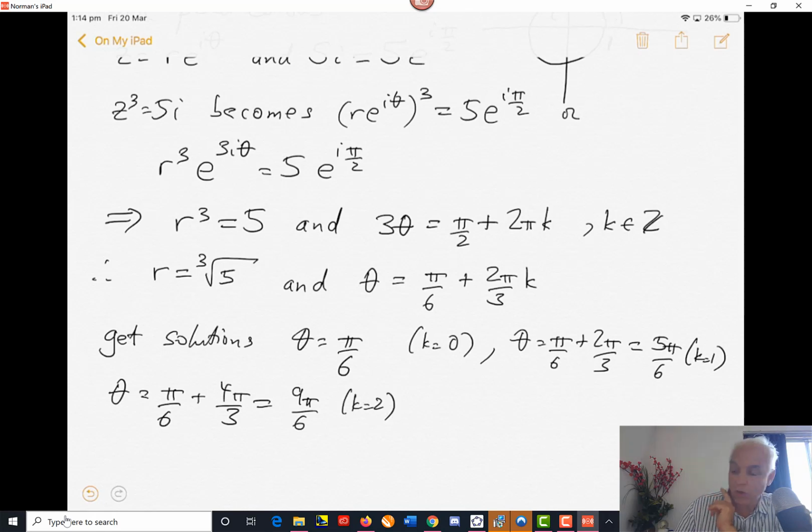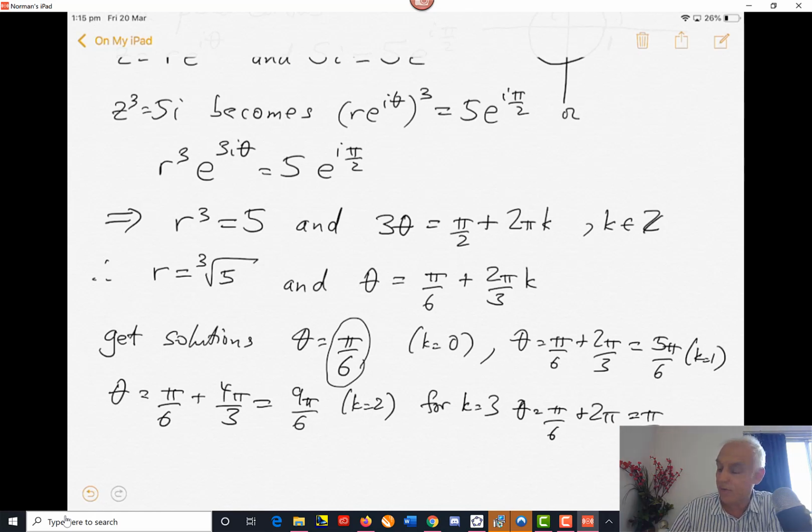Let's just have a look at what would happen if we went up to k equals 3. We would get theta equals pi over 6 plus 2 pi, but that's really the same as pi over 6. So we're just repeating the value that we got initially. That's what happens after every 3. We repeat the values that we already have. So we're really getting 3 solutions: pi over 6, 5 pi on 6, and 9 pi on 6.